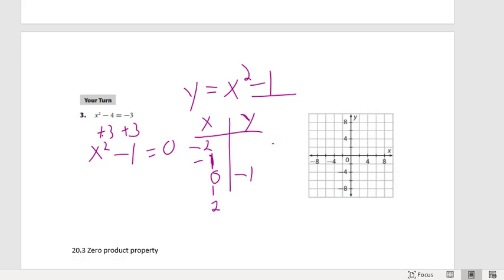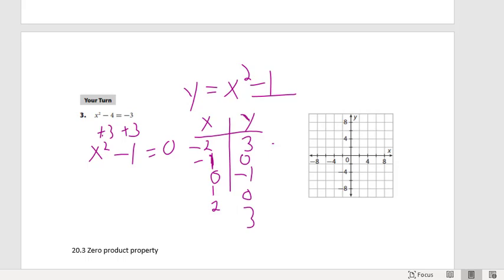All right, if I put 1 in, 1 squared is 1, 1 minus 1 is 0. 2 squared is 4, minus 1 is 3. Negative 1 squared is 1, minus 1 is 0, and negative 2 squared is 4, minus 1 is 3. So we can graph this.